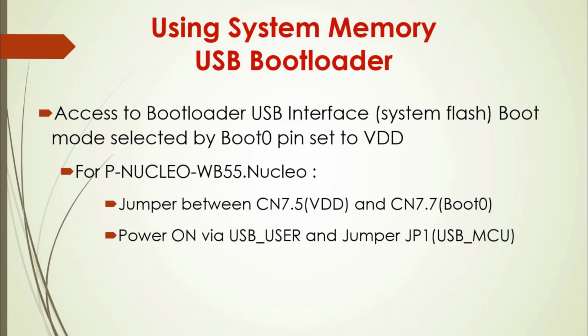If you are using the P-NUCLEO-WB55, you can connect CN7 pin number 5, which is VDD, to CN7 pin number 7, which is the BOOT0 pin. Then you connect the USB MCU jumper, which is JP1, and then you connect your device to your PC using the USB user connector.